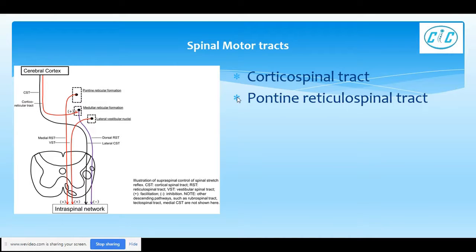And the function of the pontine reticulospinal tract, mainly, it is motor function, proximal extensors, which deal with posture and balance.